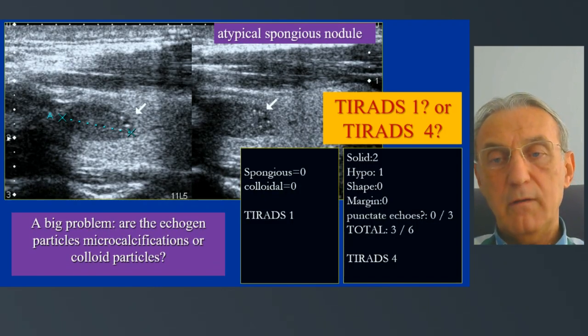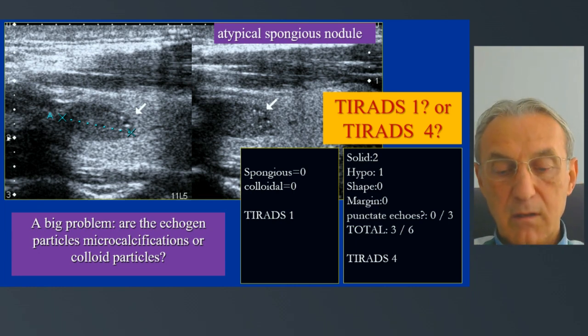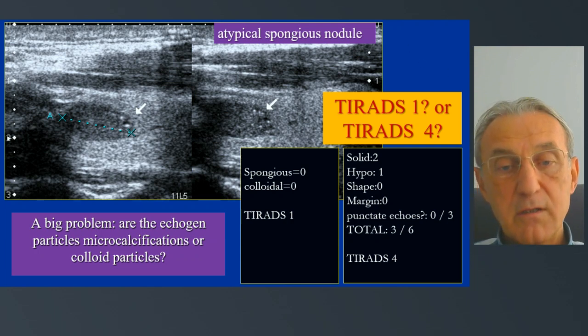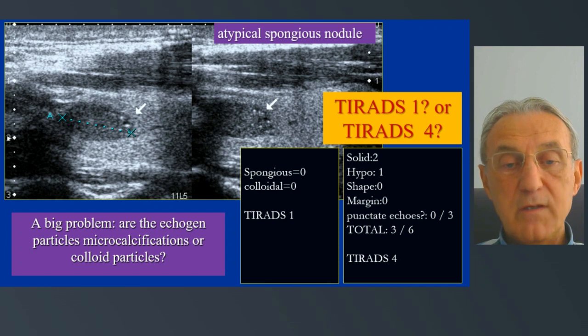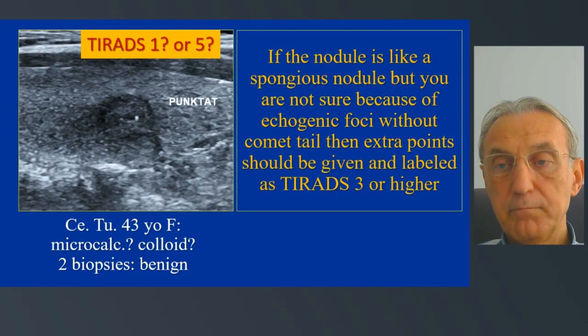So, look at this nodule, for example. If you cannot see the reverberation artifact or comet-tail artifact behind the punctate echoes, then you have to say that this is thyroid 4 because it is solid hypoechoic and we see punctate echoes. We are not sure if they are colloid or not, so this should be followed up or biopsied.